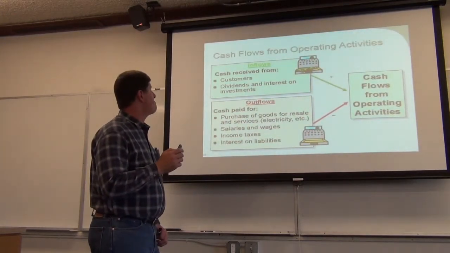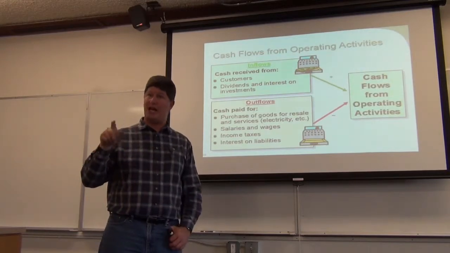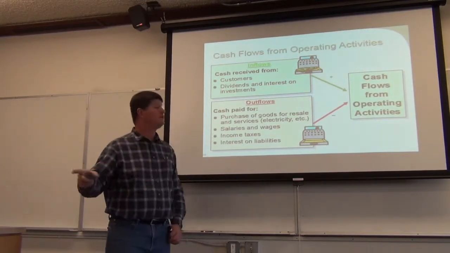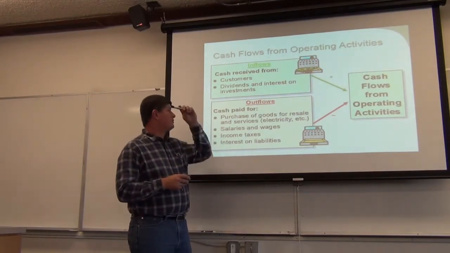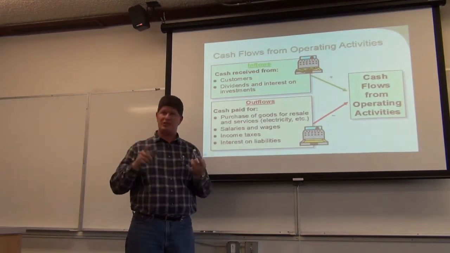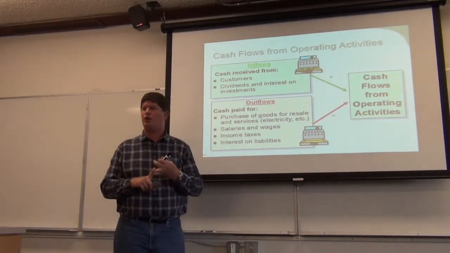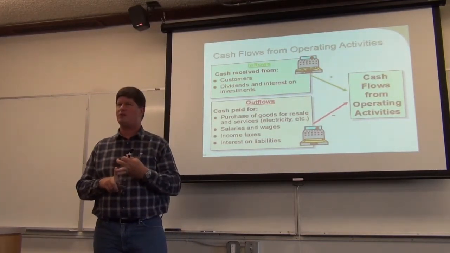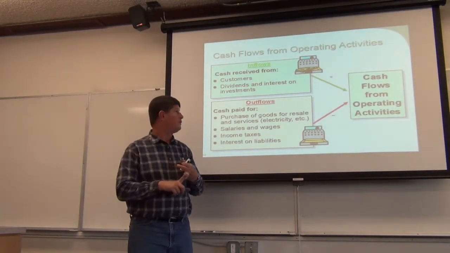So we've kind of talked about this. I want to hit on it again because we're going to dive into this really deep in a sec. Examples. Cash flows from operations. When you sell something, the customer pays you, you get cash, right? When a customer owes you money on accounts receivable and sends you the money, you get cash.